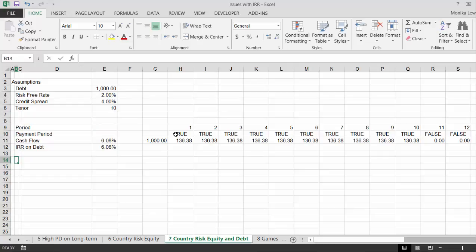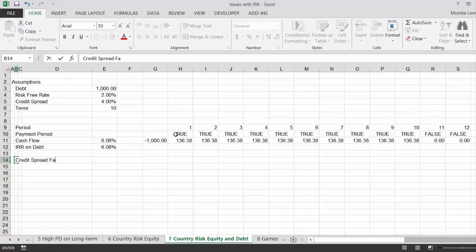Now, let's compute the implied default. Okay, let's put the credit spread factor.